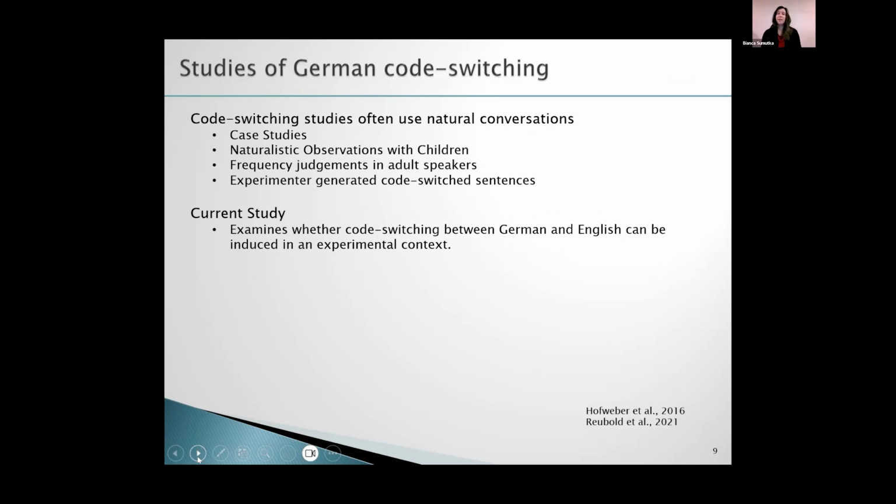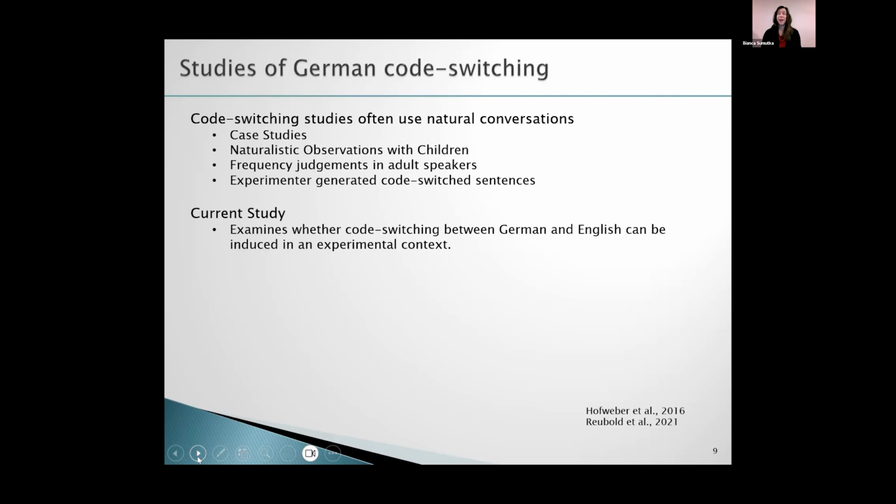So when we look at studies of German code switching, we see that many of the studies just look at natural conversations. They may take place within the context of case studies, naturalistic observations with children, or looking at frequency judgment in adult speakers.